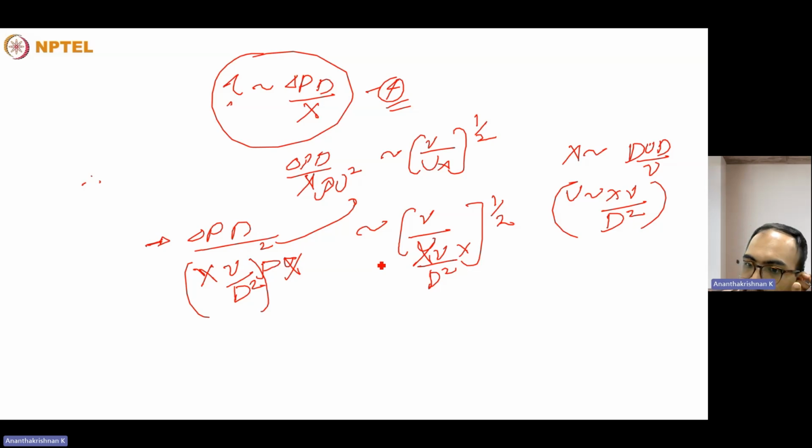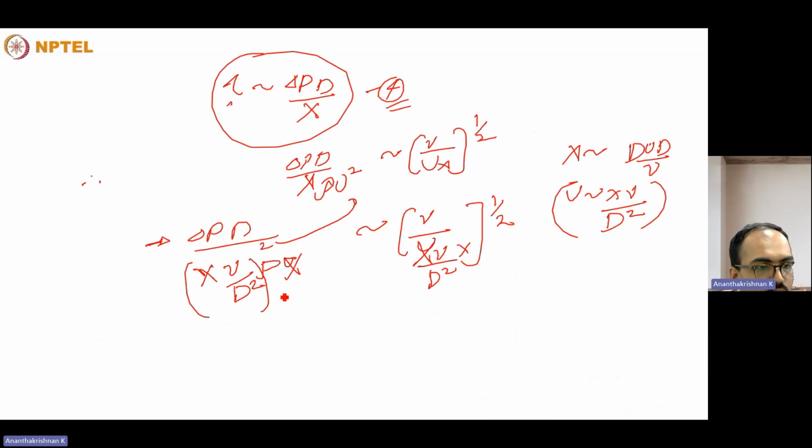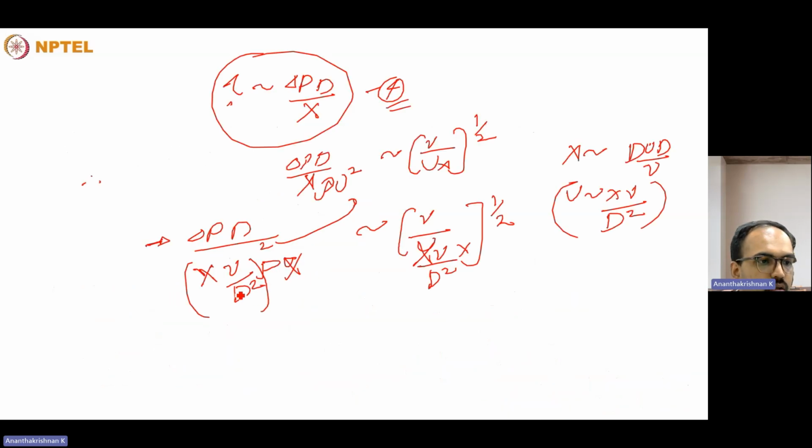Substituting, in this given problem, Prandtl number is given as approximately equal to 1. So for the case of a Prandtl number approximately equal to 1, the nu can be written in terms of alpha.